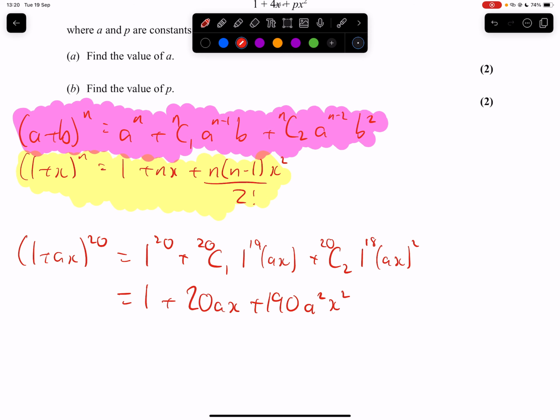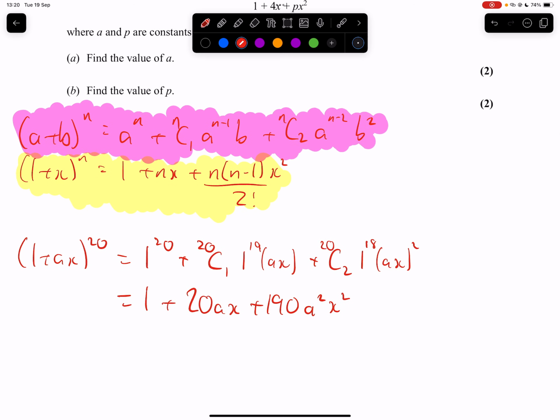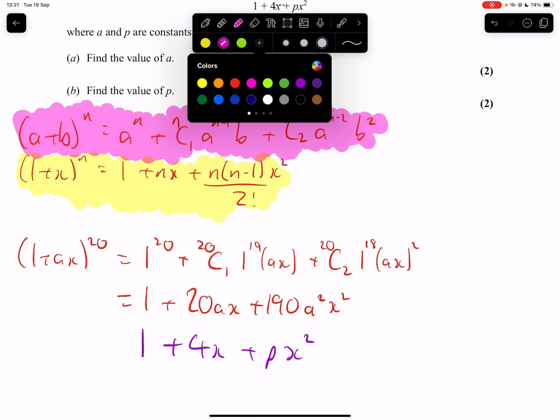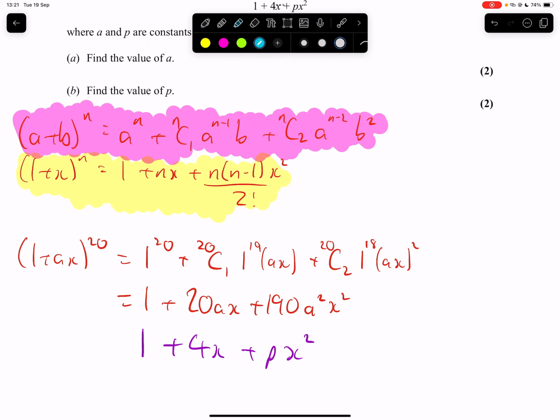Okay, so going back to the question that you can just about see at the top, they are saying this is apparently the same as 1 plus 4x plus px squared. So that means that 20a is apparently the same as 4, and it also means that 190a squared is the same as p.